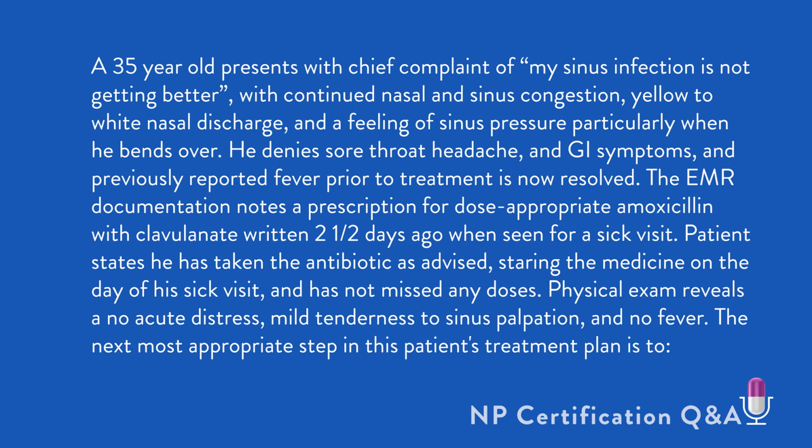The EMR documentation notes a prescription for dose-appropriate amoxicillin with clavulanate written 2.5 days ago when he was seen for a sick visit. Patient states that he has taken the antibiotic as advised, starting the medication on the day of his sick visit, and has not missed any doses.